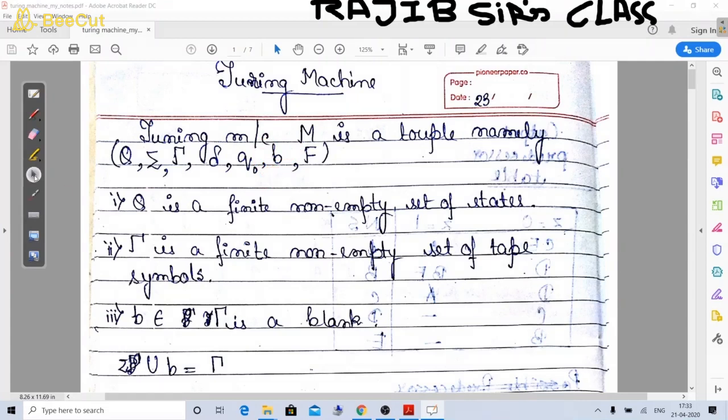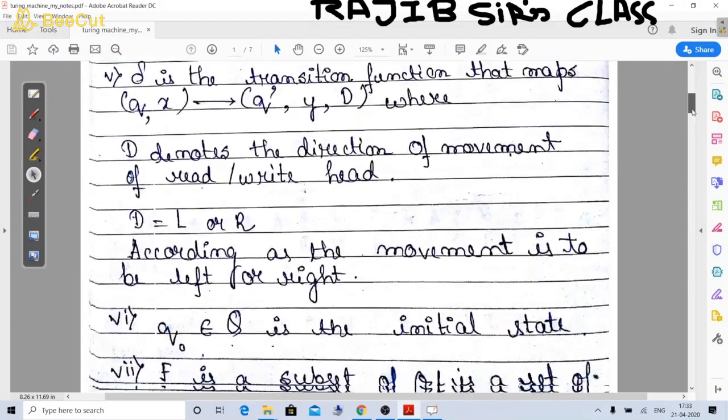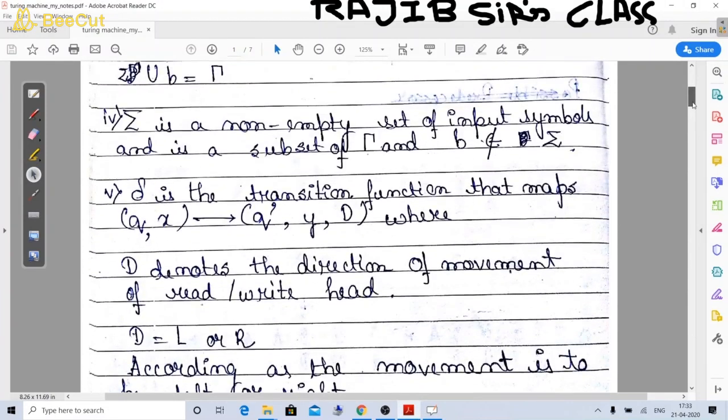Because this B does not belong to the set sigma. Together with sigma, B forms gamma. But B is definitely an input symbol that does not belong to sigma, so it's a special kind of input symbol.